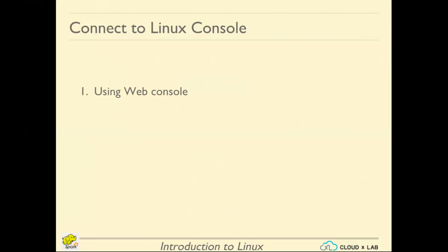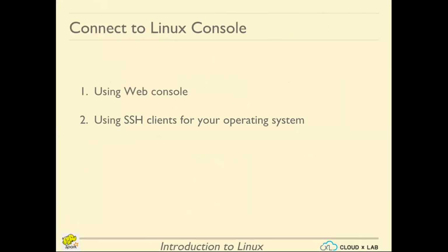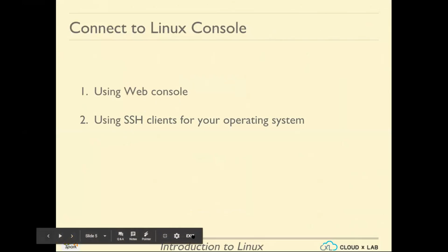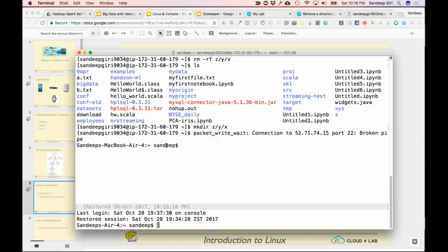So you can connect to the Linux console either using the web console or using SSH. The way we just showed you, you can connect to the web console using here. If you are from a Unix background, you can simply use SSH here.